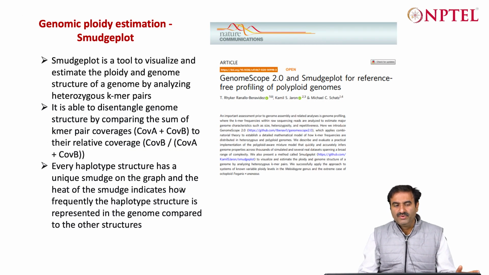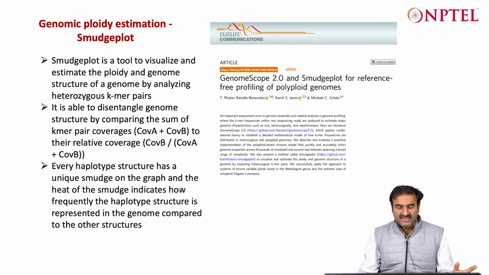Another tool to estimate the ploidy is smudgeplot, and also GenomeScope. GenomeScope we will see in a later slide. Smudgeplot estimates the ploidy using the heterozygous K-mers.